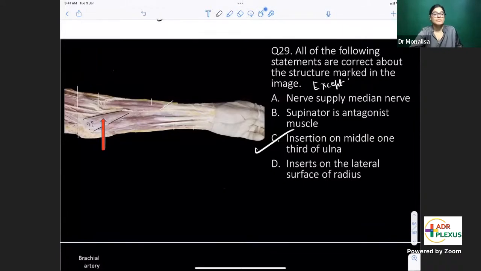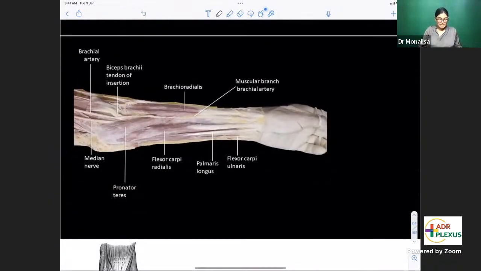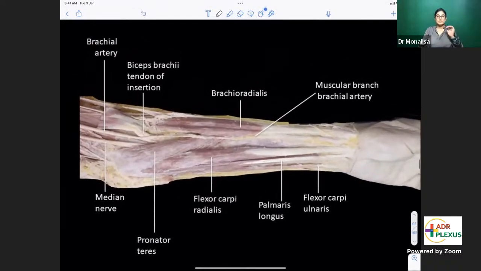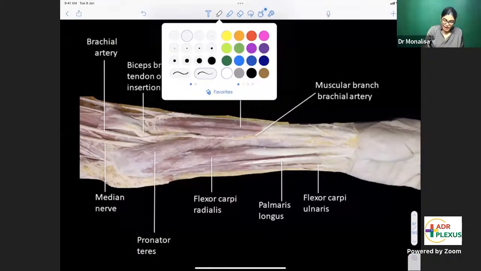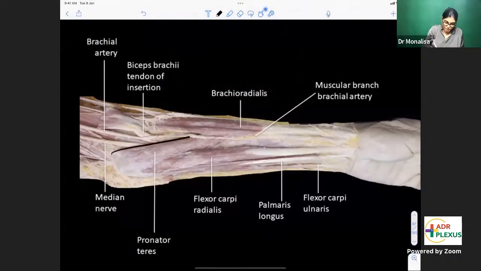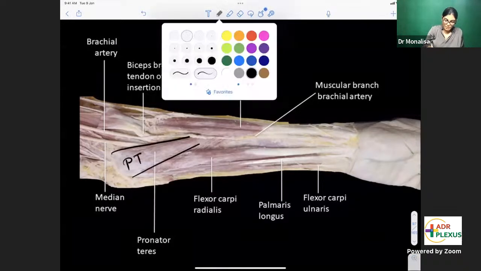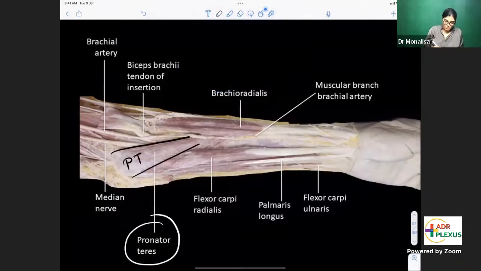Let me explain it. The first thing is identification. Let me enlarge this cadaveric image. You can clearly appreciate this muscle is PT. What do you mean by PT? PT means pronator teres muscle, forming the medial boundary of the cubital fossa.